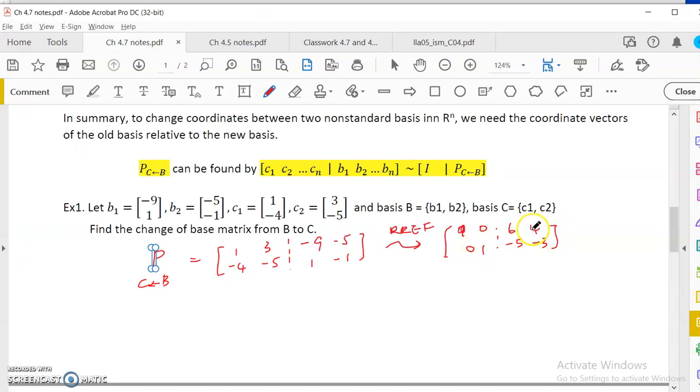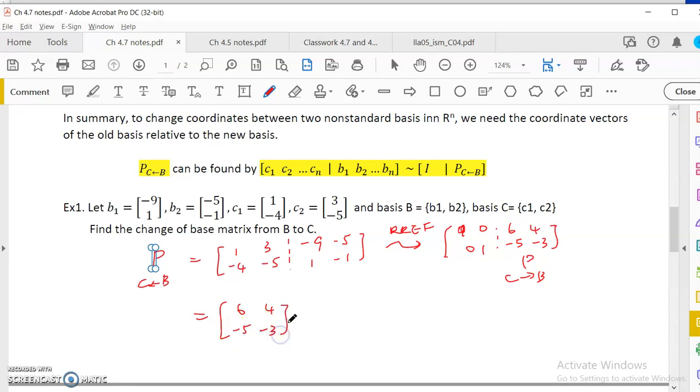So this is the reduced echelon form of this. All the bases line up, and this will become C to B. So we'll say it is equal to 6, 4, negative 5, negative 3.